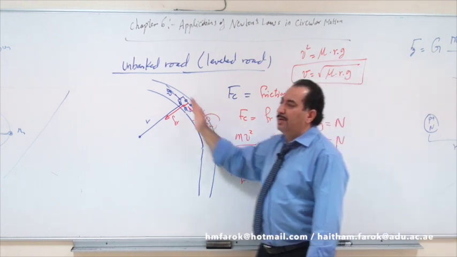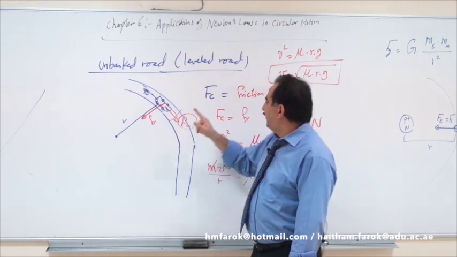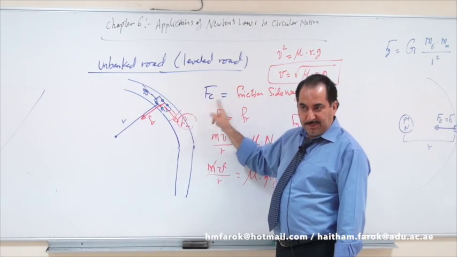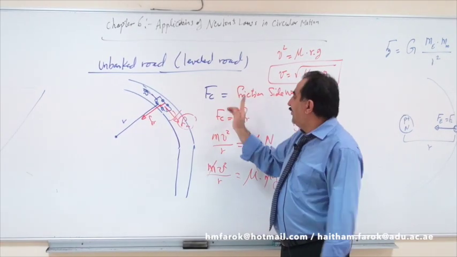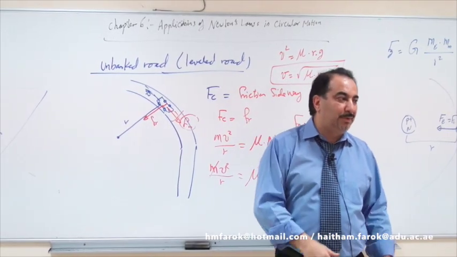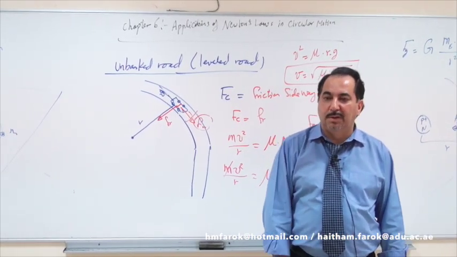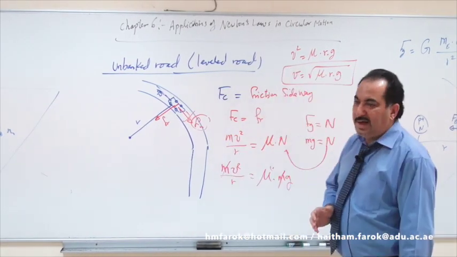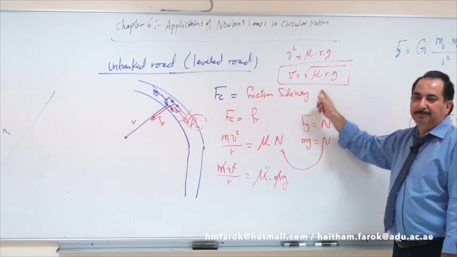So when the car is on an unbanked road, the friction sideways equals the centripetal force. Those are equal. If they are not equal, what happens to your car? Slides off the road, yeah? Now, why slides off? Because of this equation.